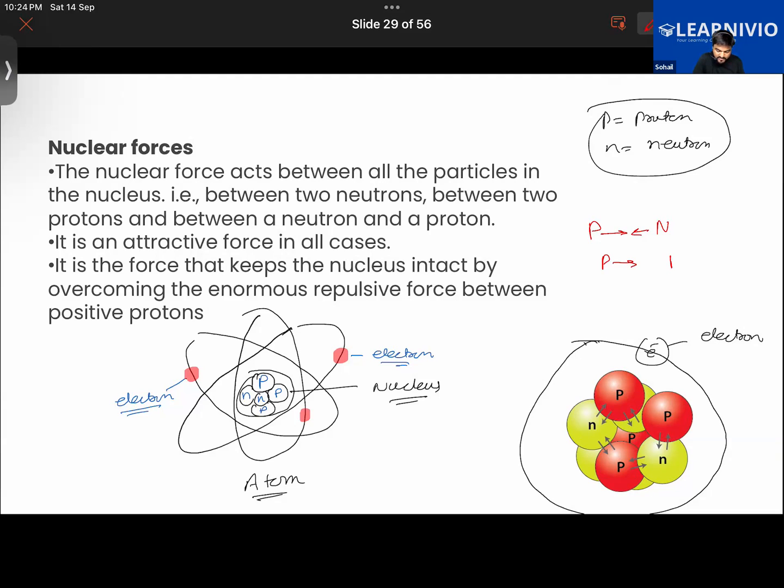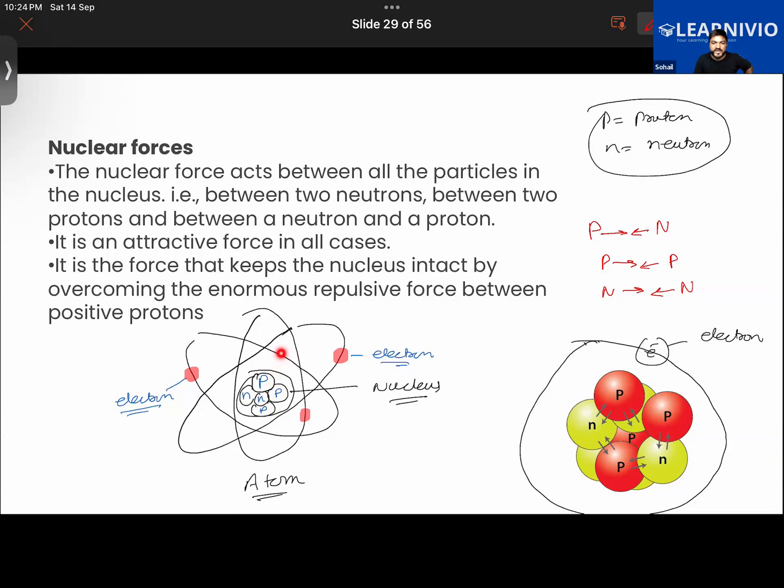Two protons will also be attracting each other. Two neutrons will also be attracting each other. So it is because of the force between all the particles inside this nucleus that an atom exists, and it is an attractive force because of which this nucleus will stay intact.